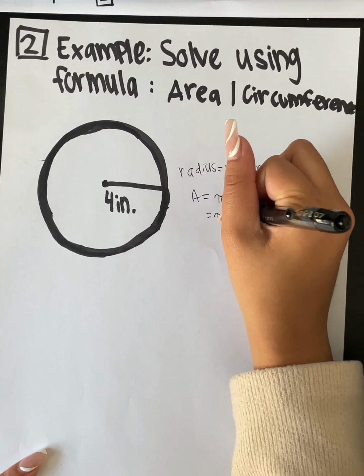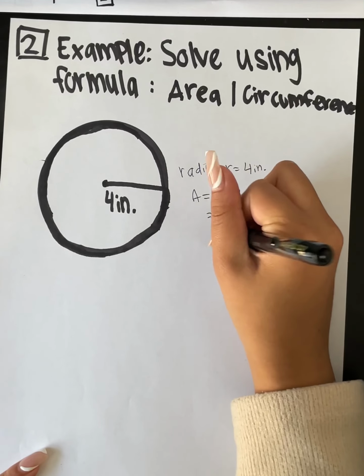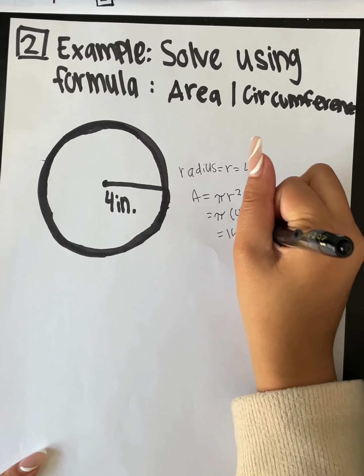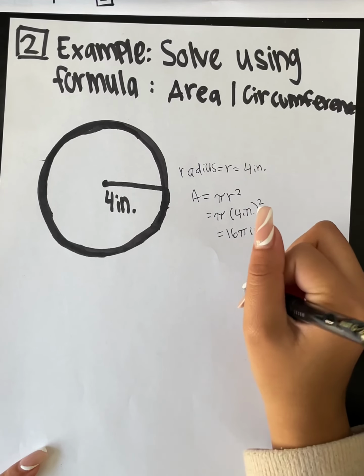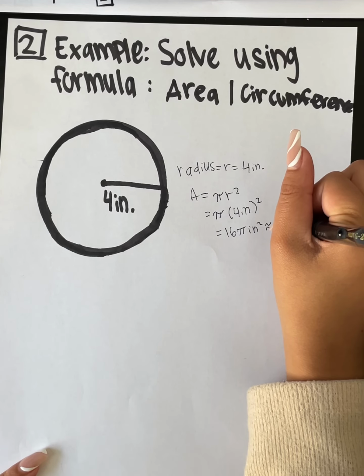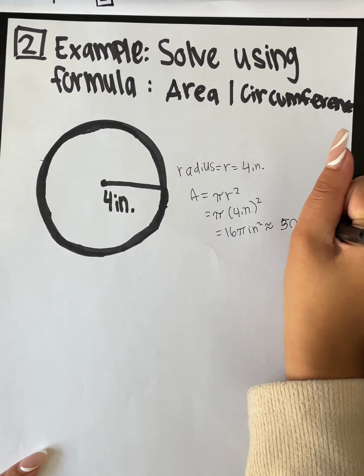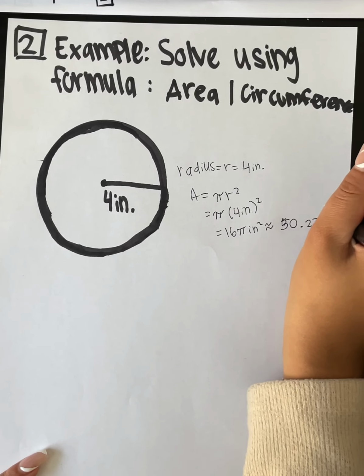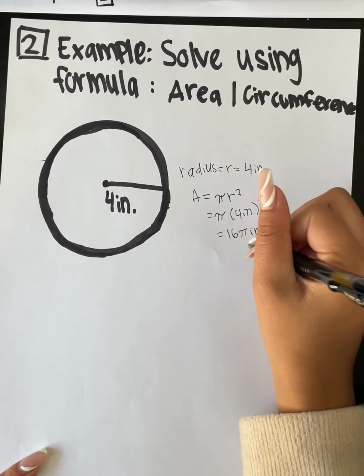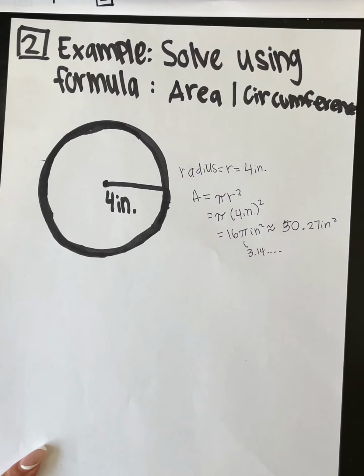So we plug in r, 4 inches, and then we get 16 pi inches squared, or this is approximately 50.27 inches squared, because we know pi is known as 3.14, and then it goes on forever.